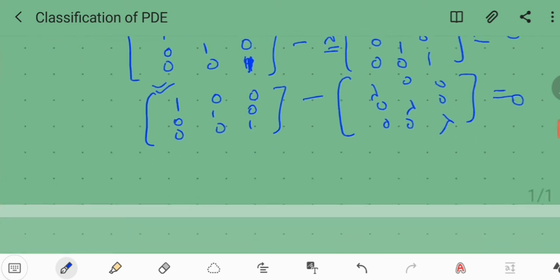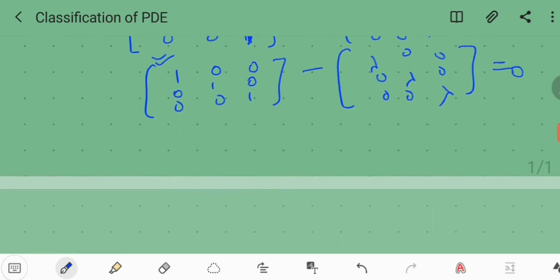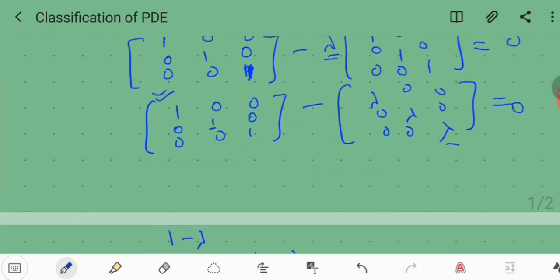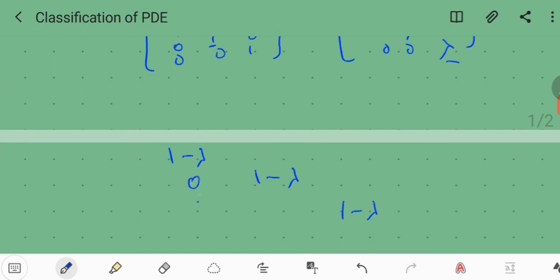So this is now 1 minus lambda, this one 1 minus lambda, and this one 1 minus lambda, right? Rest all are 0 minus 0, everything is 0, right? So this is your characteristic matrix.